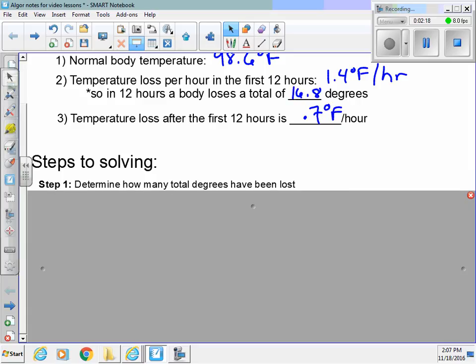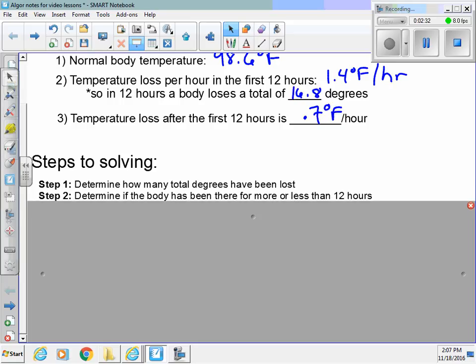Step 1. Determine how many total degrees have been lost. Write that down in your notes. Step 2. Determine if the body has been there for more or less than 12 hours. So the first step, all we needed to do was subtract the body temperature from 98.6.